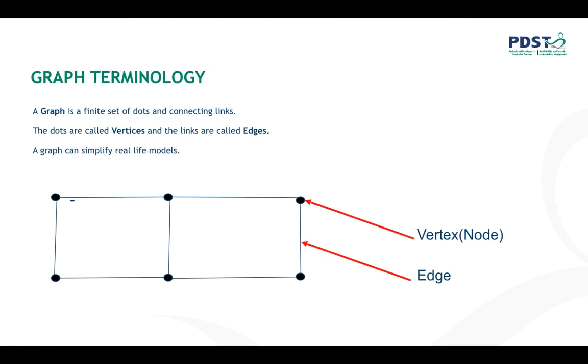So they're just a finite set of dots connecting lines or connecting links. Finite just means that we can count them, as in there's not infinitely many of them. So the dots are called vertices, and the lines joining them are edges.